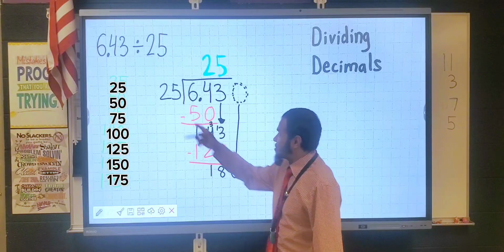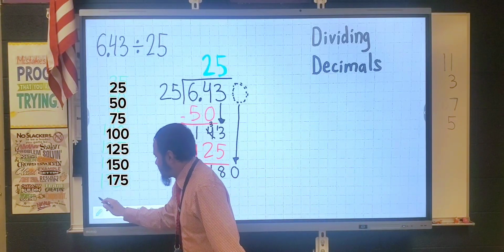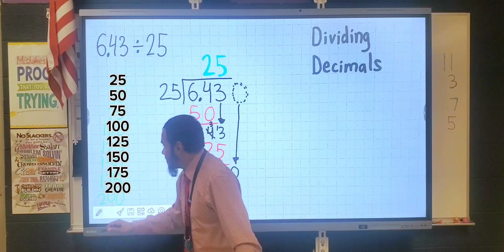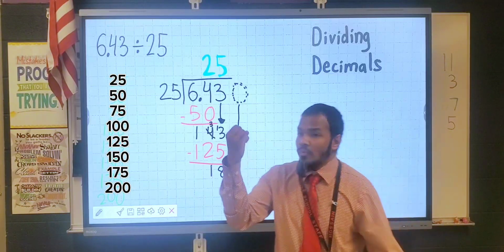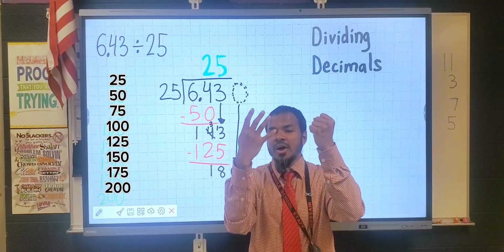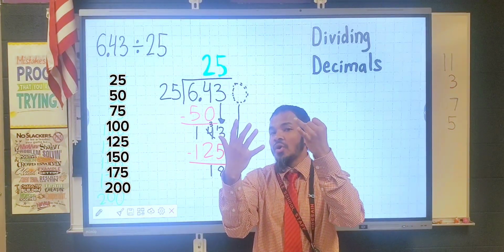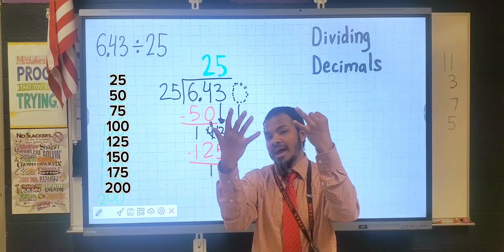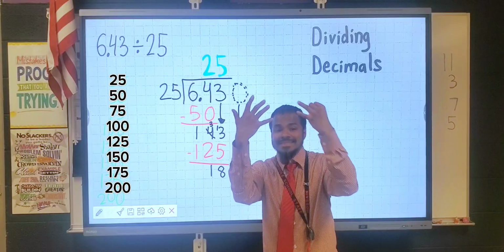And so now I say 25 goes into 180. If you want, you can add on to this list, which is 200. So 25 goes into 180. Well, let's see. We have 25, 50, 75, 100, 125, 150, 175, 200. That's too much. So we'll put that one finger down and you'll notice 25 goes into 187 times.